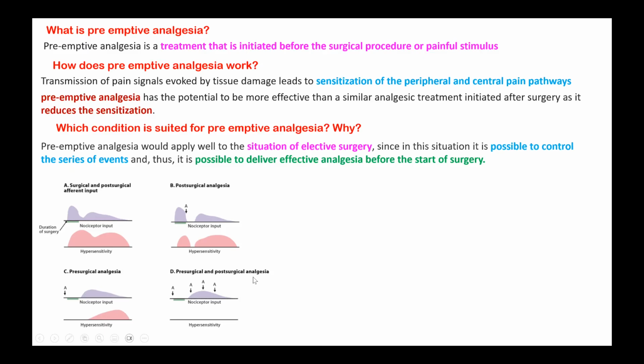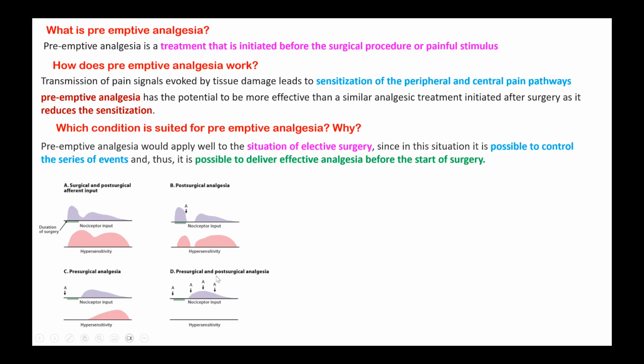And with pre-surgical and post-surgical analgesia, so you give preemptive and also supplement analgesia throughout the intraoperative period, then the hypersensitivity is practically nil. Patients are very, very comfortable. So a combination of preemptive surgical analgesia given before the onset of stimulus and quietening the pain intraoperatively.